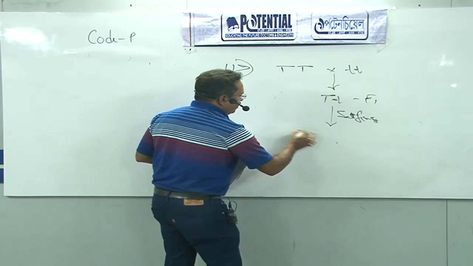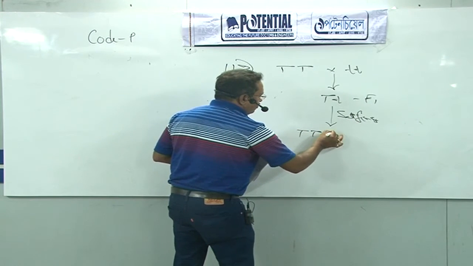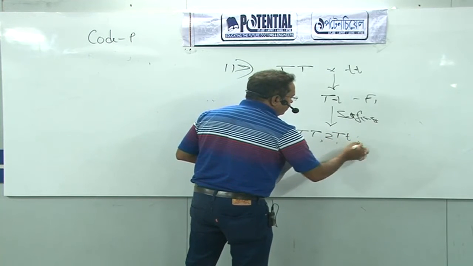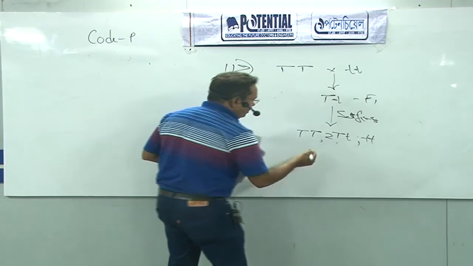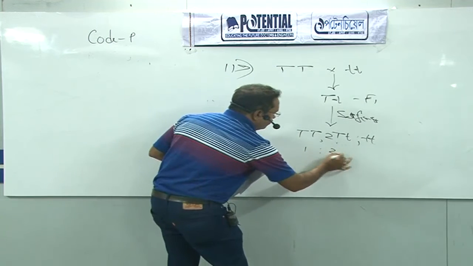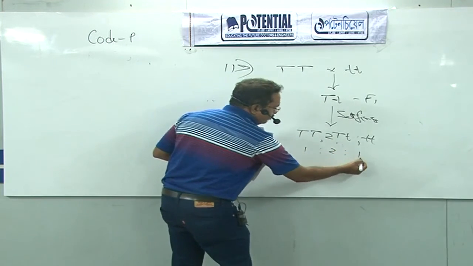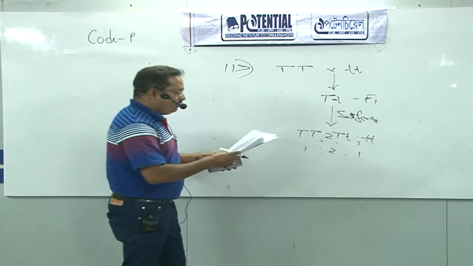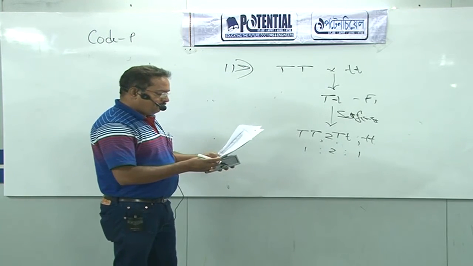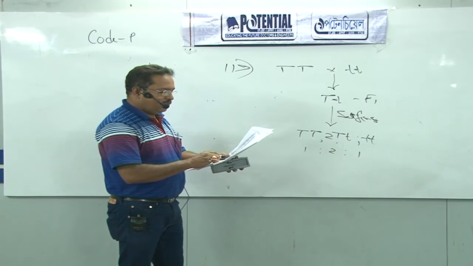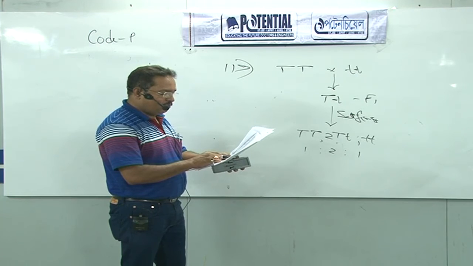then we will get one capital D capital D, two individuals capital D small d, and one individual small d small d. So the ratio will be 1:2:1. That is homozygous tall, heterozygous tall, and homozygous dwarf. That option is given here: first option, one homozygous tall, two heterozygous tall, and one dwarf individual.